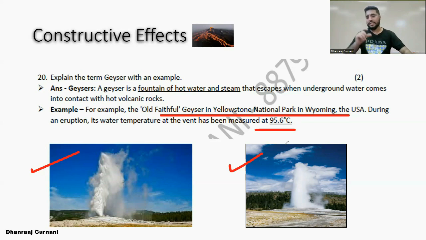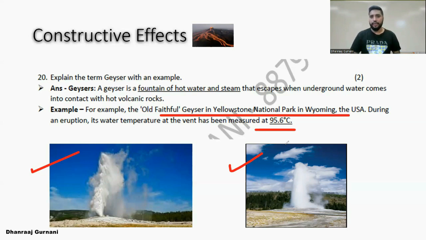Hot springs have medicinal property. There was an example as per your syllabus, the previous one, Kulu Valley, Himachal Pradesh, Manikaran. Here they have given you Old Faithful Geyser that is in Yellowstone National Park, USA. Geysers are very, very hot as compared to hot springs.